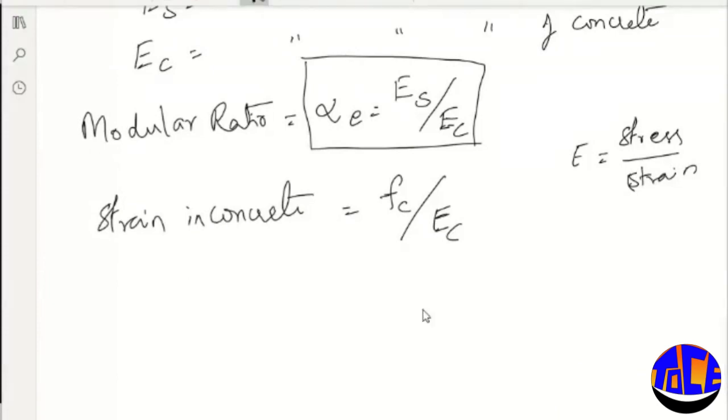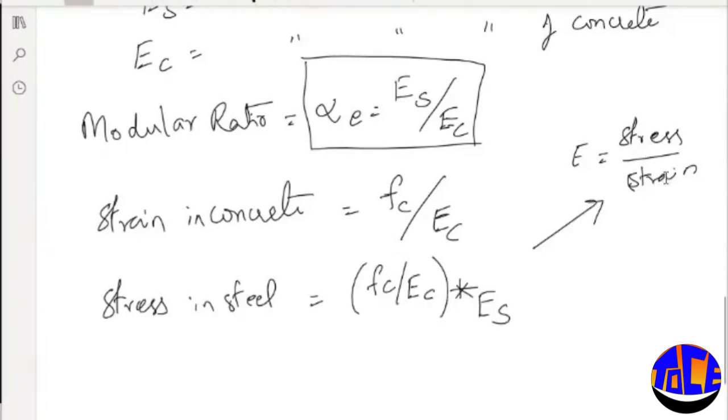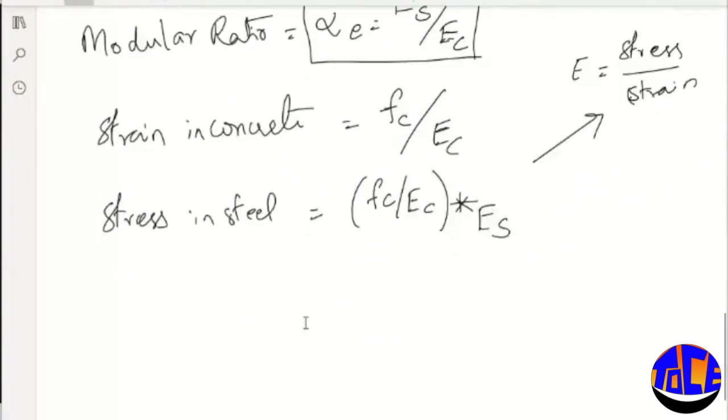Now, stress in steel corresponding to the strain. What is the stress at this strain? If I take strain this side, it will multiply with E. So Fc by Ec is strain, multiplied by Young's modulus of steel, and you will get stress in steel.